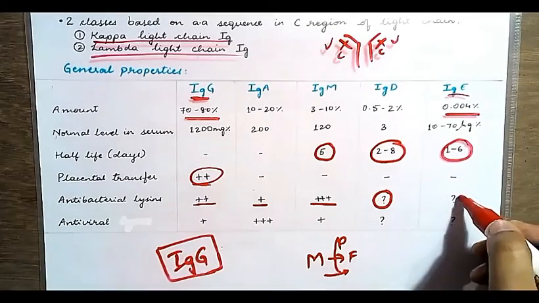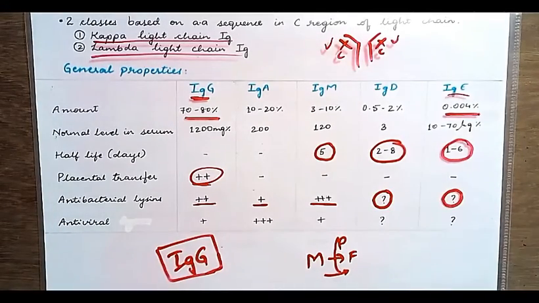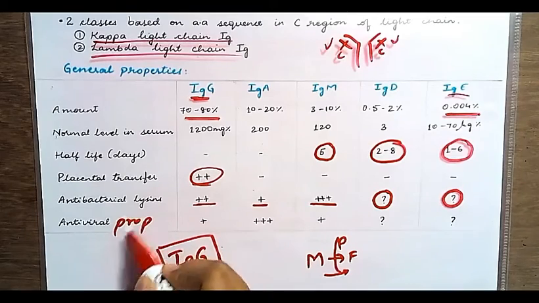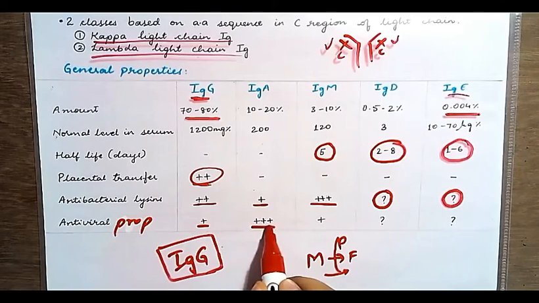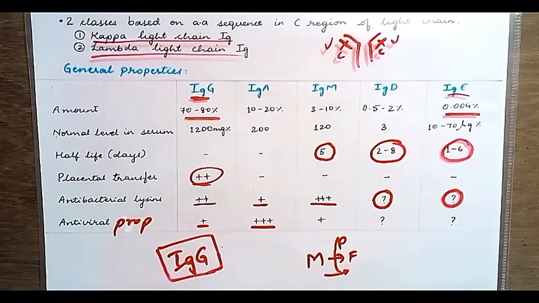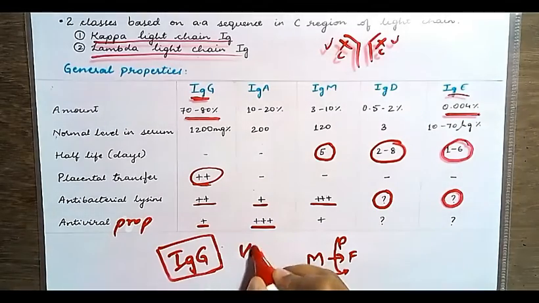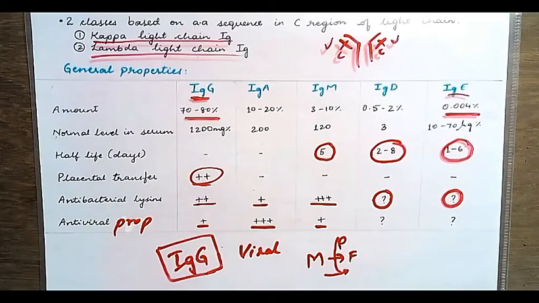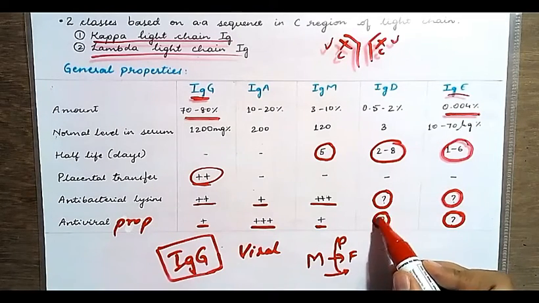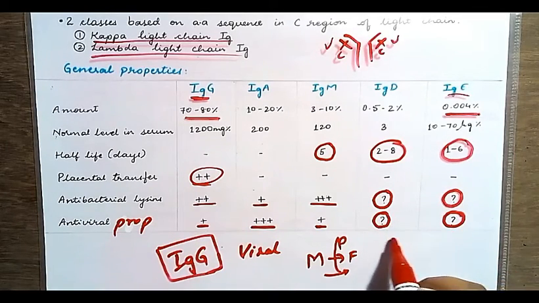The role of IgD and IgE is unsure. Antiviral properties: IgG is antiviral to a certain extent, whereas IgA is the most important immunoglobulin in acting against viral infections. IgM is also active against viruses, whereas the roles of IgD and IgE are unsure.